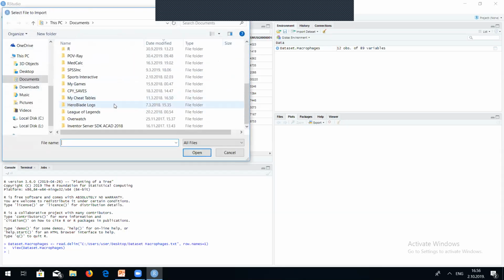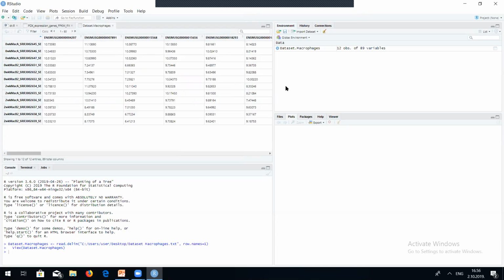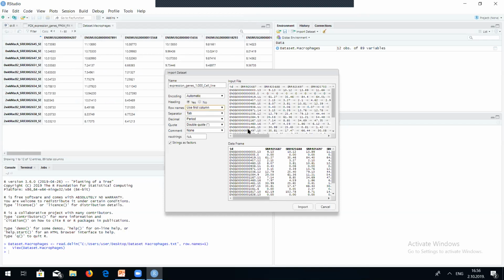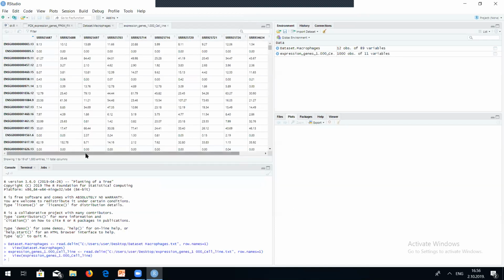Because we went through a large number of data sets, we had this data set, right? 1000 cell lines. And that was our first data set when we conducted summary statistics. Take a look at it. It has gene IDs with ENSG, which means that when we have ENSG, that is a human gene, right? We also had names of the samples, SRRs, and we had numerical values for them.